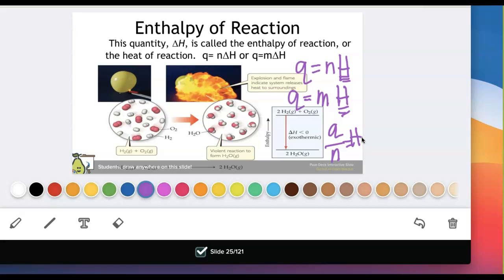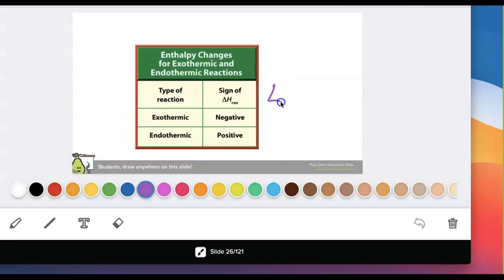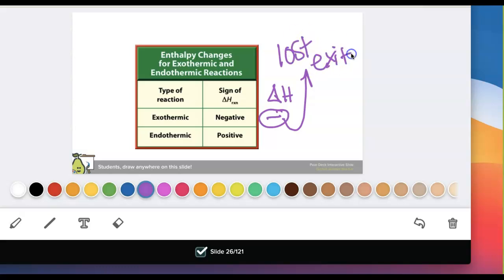Our enthalpy is going to have signs, positive or negative values, and those signs are going to mean something. If H is negative, there is no such thing as negative heat. So the negative sign is descriptive. It means heat is lost, exit, given off, exothermic.